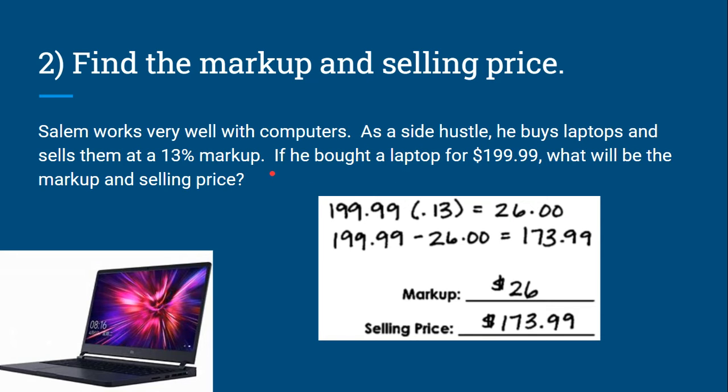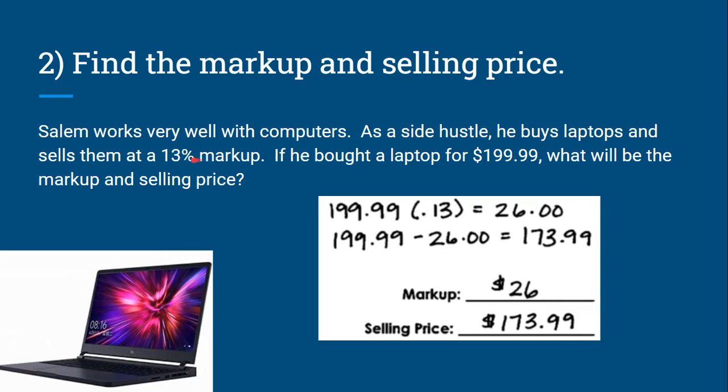He is going to mark it up at 13%. So what we're saying is his profit that he's going to make for selling this laptop is 13% of the cost of the laptop. So we're going to take 199 and multiply it by decimal 13.